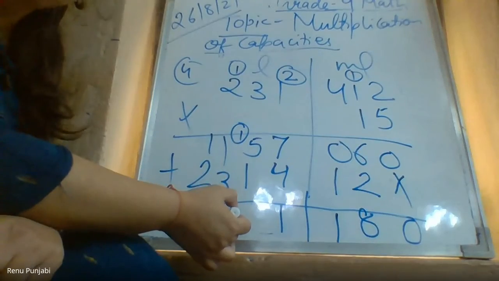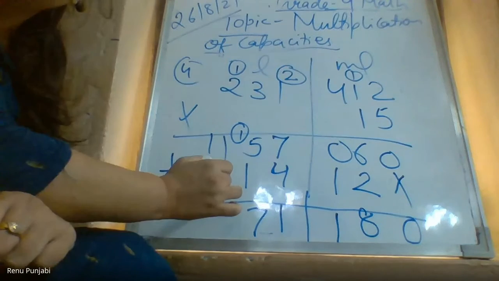So we will add these. 0 plus 0 is 0. 6 plus 2 is 8. 0 plus 1 is 1. 7 plus 4 is 11. 1 will be carry over. 5 plus 2, 7.